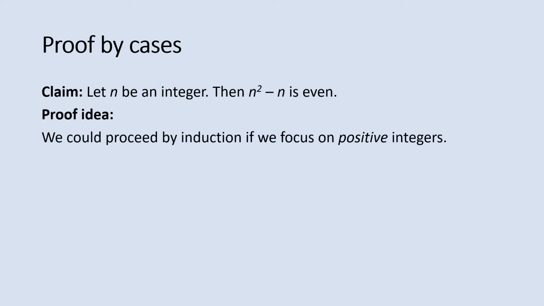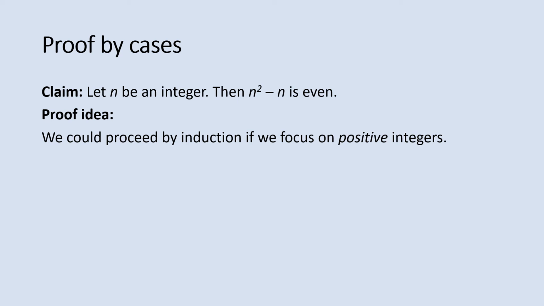All right, so for the proof idea, we could proceed by induction if we focused only on, say, positive integers. But this claim is for all integers. But if we did temporarily focus on just positive integers, then the base case would be n equals 1. And we would start off by checking to see whether 1 squared minus 1 is an even number.